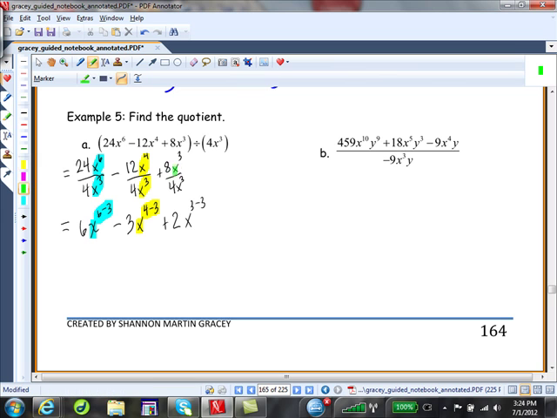And then in the third one, this is how we use the rules of exponents to divide the variables. So this will be 6x cubed minus 3x to the 1 plus 2x to the 0, which is 6x cubed minus 3x plus 2, because x to the 0 is 1.